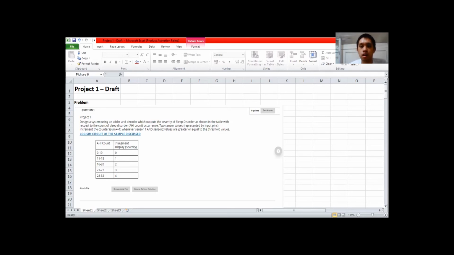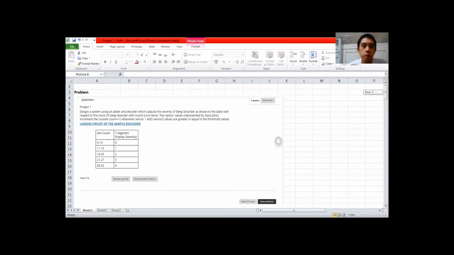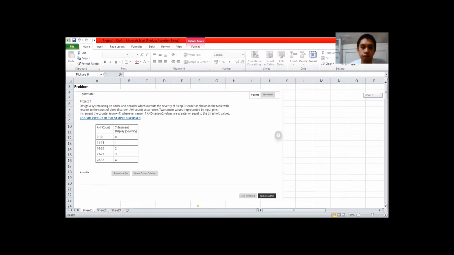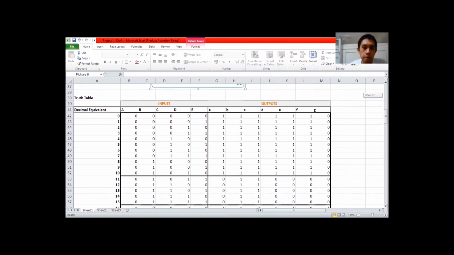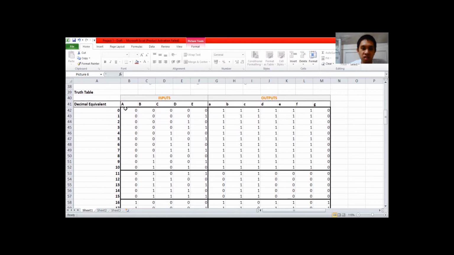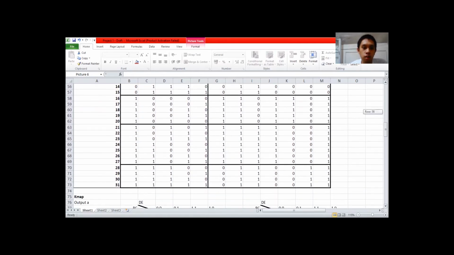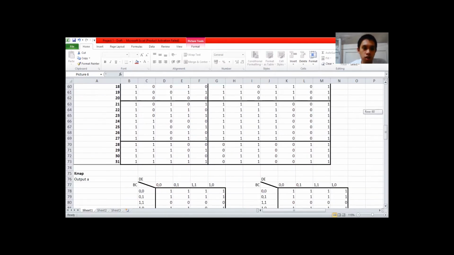That's why we arrived at 32 different inputs for the 5-bit input. So going back to the truth table, we created 32 different inputs from 0 to 31.